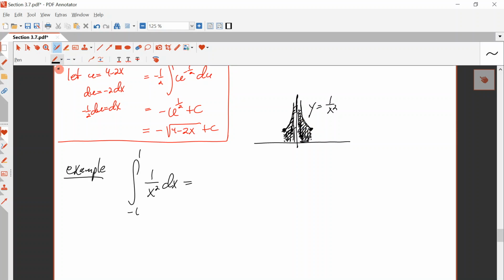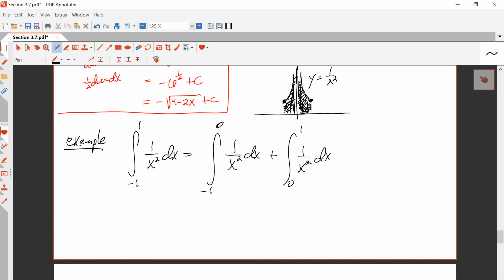Because that discontinuity is in the middle, you write this as the integral from minus 1 to 0 of 1 over x squared dx, plus the integral from 0 to 1 of 1 over x squared dx. But they're the same, really. So it's the integral from 0 to 1 of 1 over x squared dx.